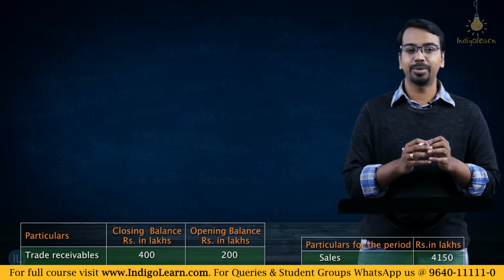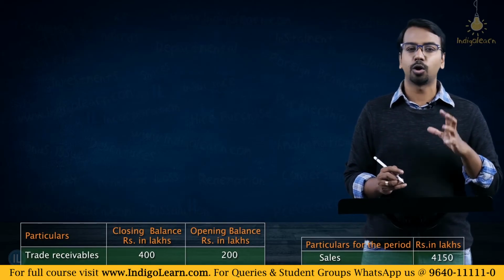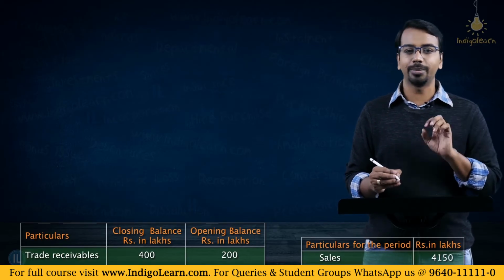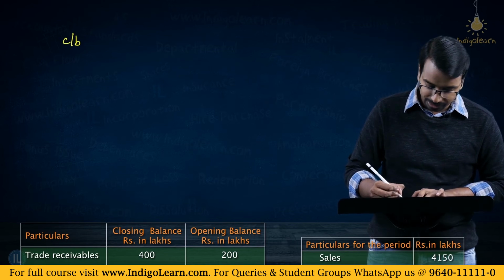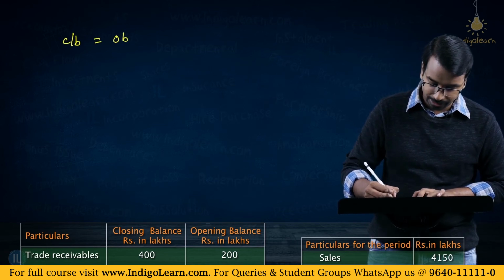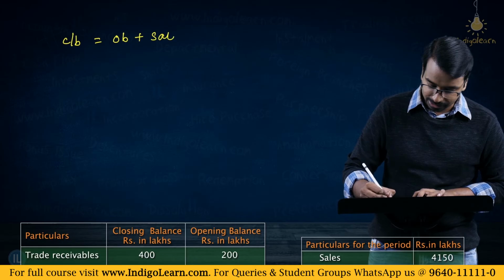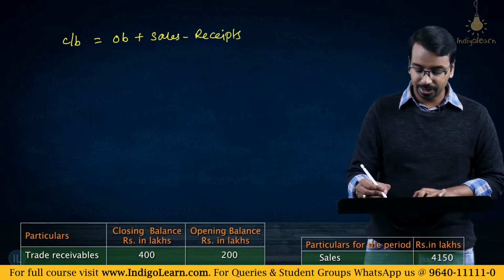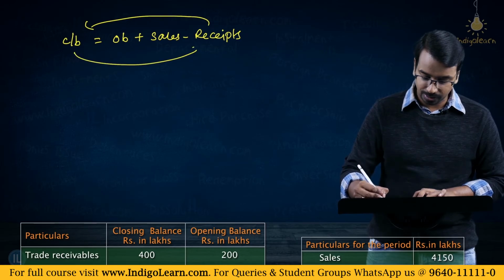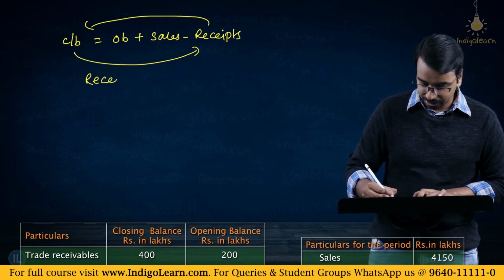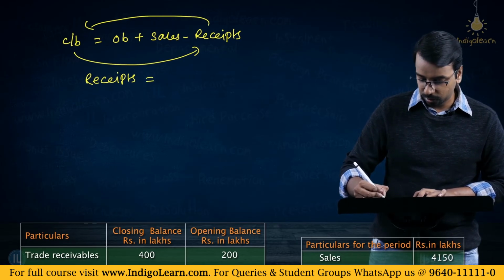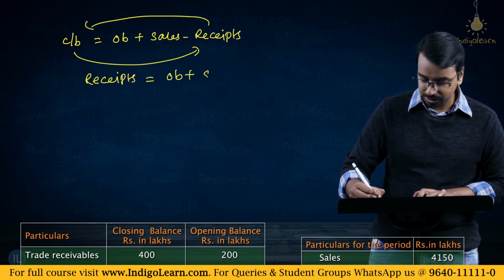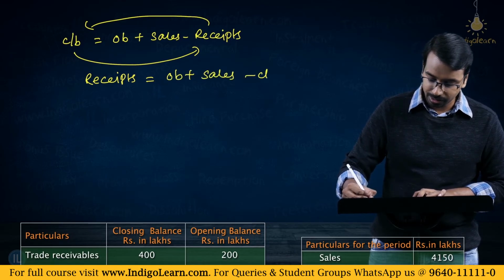Now the same amount can be computed by preparing a statement. How do we prepare a statement? See, the closing balance of debtors is equal to opening balance plus sales minus receipts, correct? Bring receipts this side, take the closing balance to the other side. You will have receipts is equal to opening balance plus sales minus closing balance.